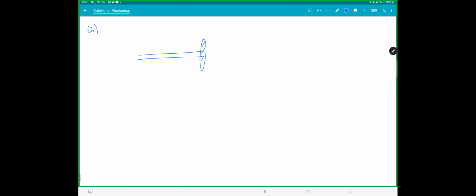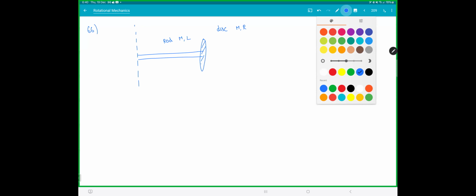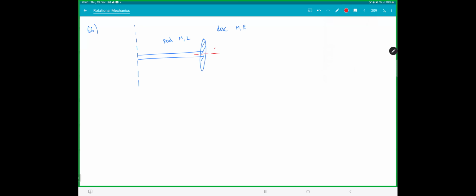Remember the swinging table fan? We have a disk, mass m, radius r. We have a rod, mass m, length l. This is rotating with omega 2. This whole red setup is rotating with omega 1.